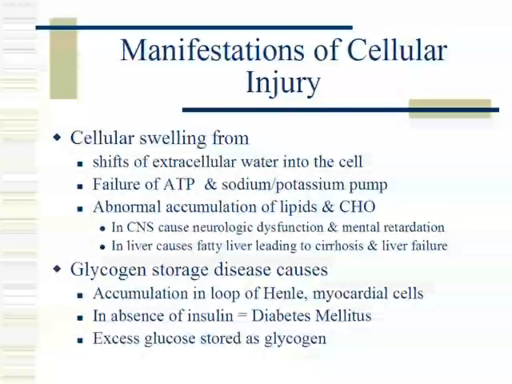You'll have abnormal accumulation of your lipids and your carbohydrates. In your central nervous system, this can cause neurologic dysfunction and mental retardation. In the liver, it can cause a fatty liver that leads to cirrhosis and liver failure. Normal substances such as water and electrolytes can cause the swelling.